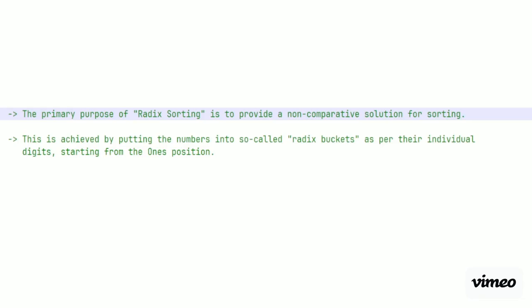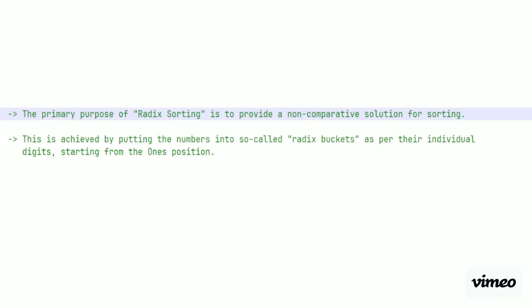Okay, so I'm going to start with the purpose. Why do we need another algorithm? We already have insertion and many other algorithms. Why radix sorting? The primary purpose of radix sorting is to provide a non-comparative solution for sorting. As I showed you in the last section, the entire concept of insertion sort is based on comparisons.